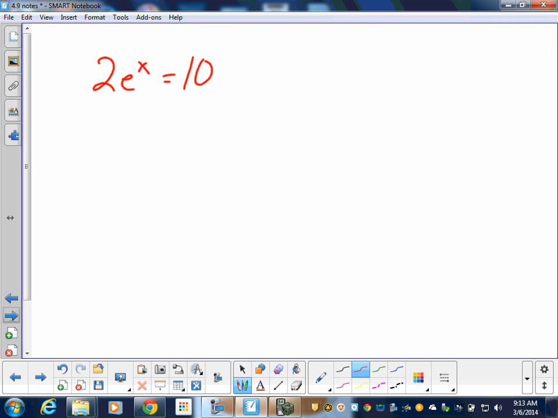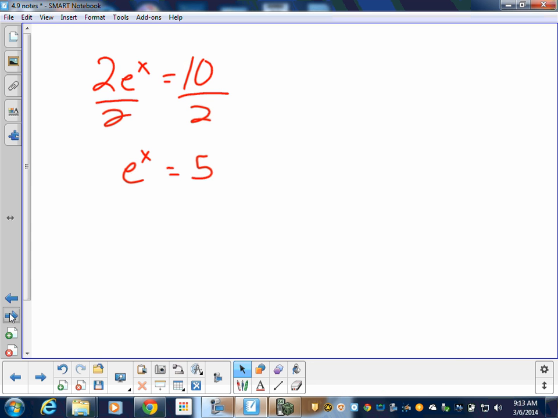So to figure out what the answer is, I divide both sides by 2 and I go e to the x equals 5. I need to get rid of something. Again, everybody in the room understands why I wrote divided by 2. It was to get rid of the 2. The way that gets rid of it: what is 2 divided by 2? 1. So it's gone.